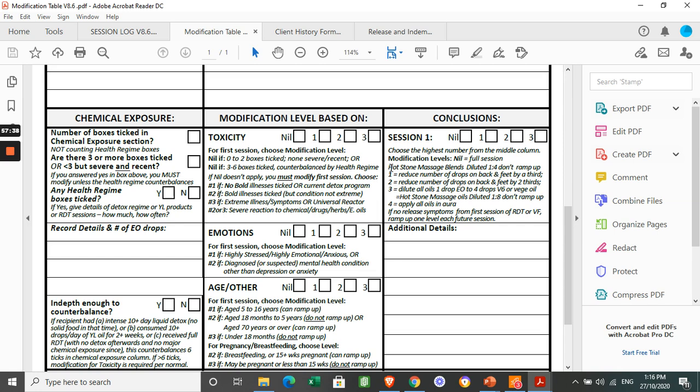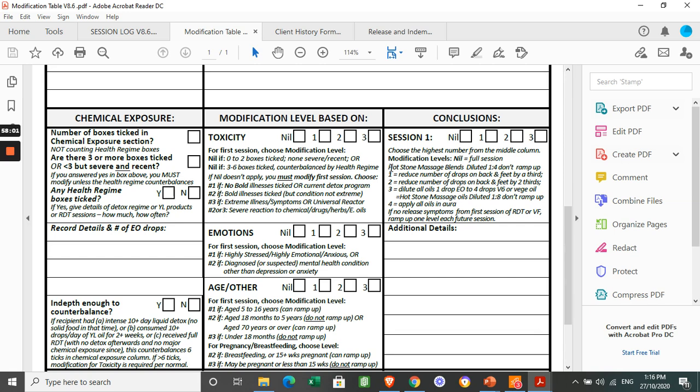So whether you are using the Young Living massage blends, proprietary blends that we talked about, that's what I'm saying when I say you want to dilute 1 part massage proprietary blend to 4 parts a base oil like hemp oil or jojoba oil or whatever a safe carrier oil is for your client.